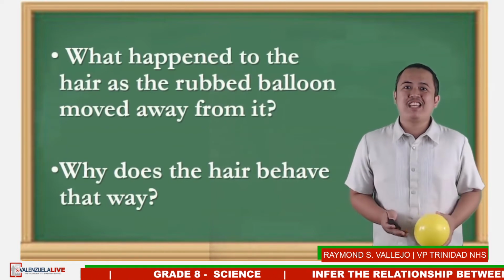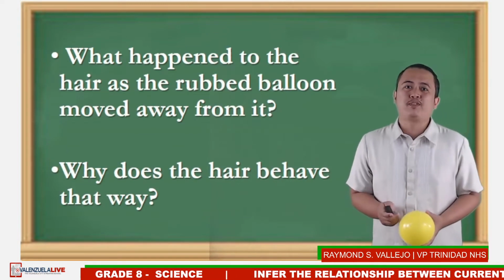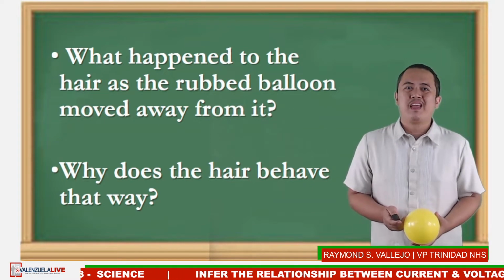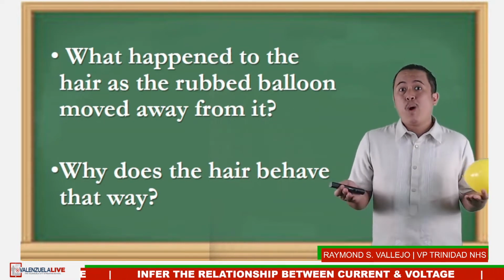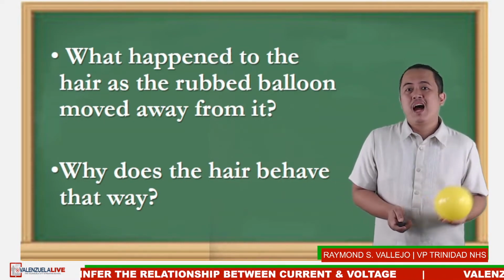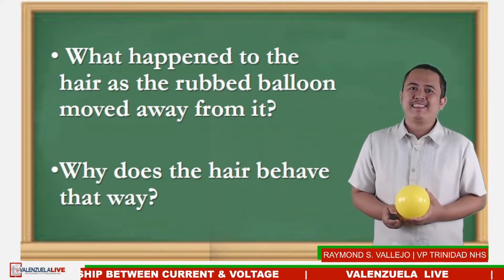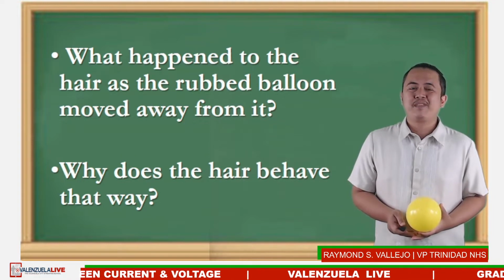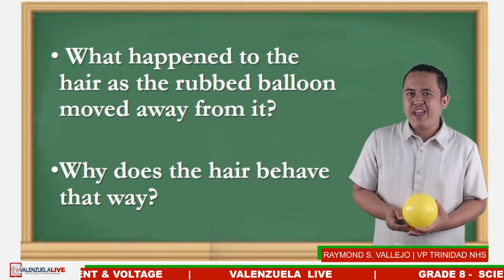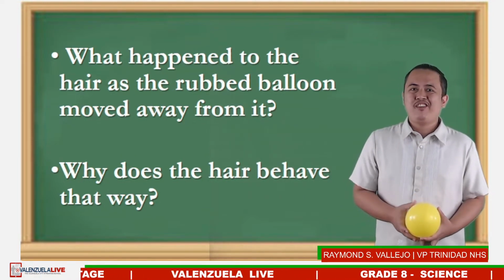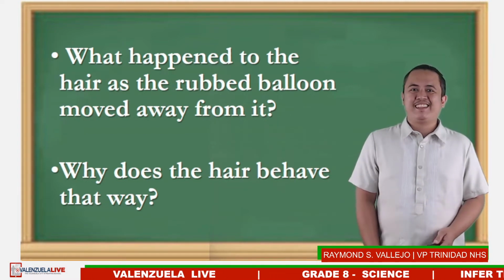Let us answer some questions based on your observations from the activity. First question: what happened to the hair as the rubbed balloon moved away from it? Second question: why does the hair behave that way? Write your answers in the comment section.